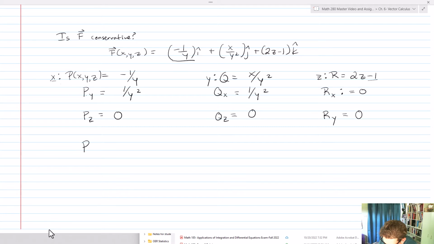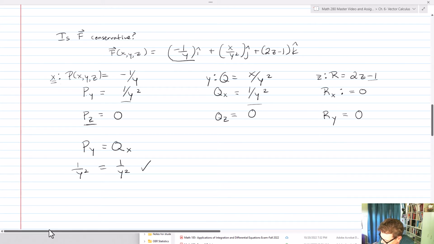So p_y has got to equal q_x. And I look, and actually they are: 1 over y squared equals 1 over y squared. So check, that works. Now p_z is with respect to x, so that's going to have to match up with xz.